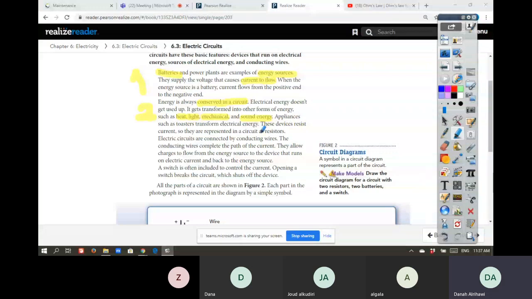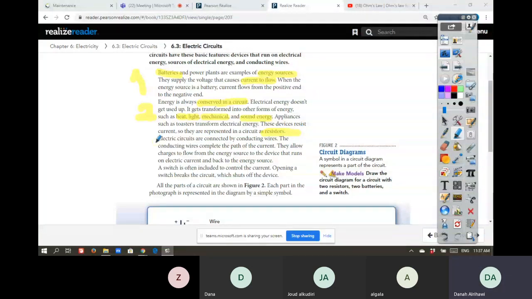Now, all the appliances that we use, such as the toaster, transfer electric energy. These devices resist the current. So they are represented in a circuit as what we call a resistor. Resistor, because they use the electric current. They use it. We call this a resistor.